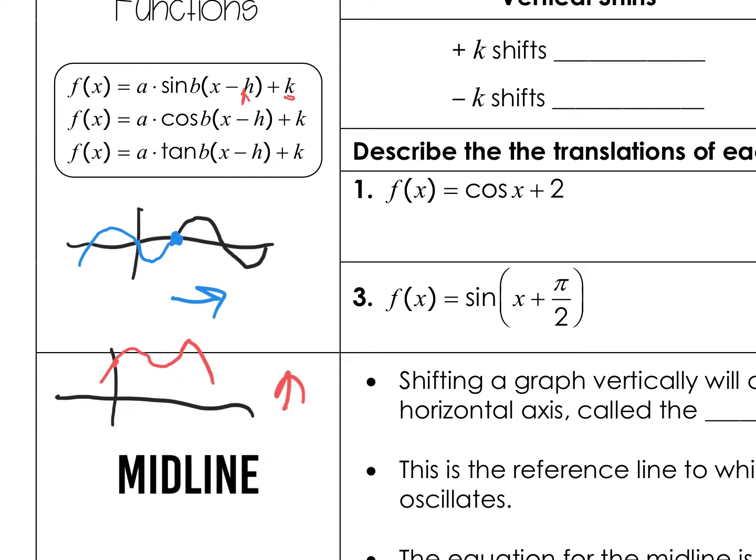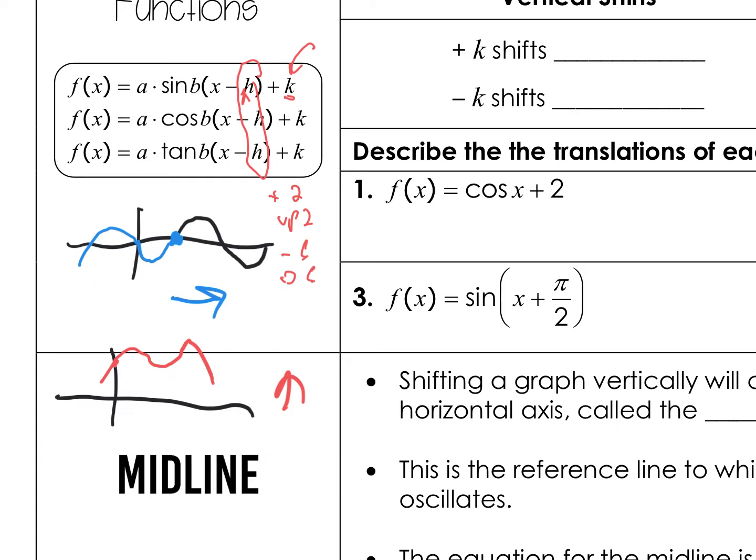Now your vertical shift is the easiest to decide. It's simply exactly what you see. If you see a +2, you know it went up 2. If you see a -5, you know it went down 5. But the H is that tricky one that whatever we see here is always the opposite of what you're thinking.